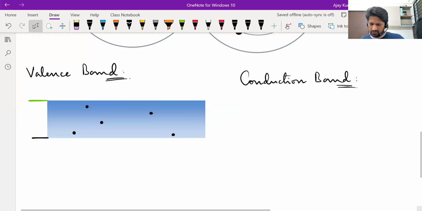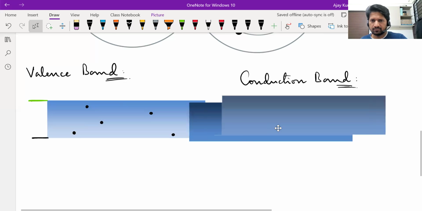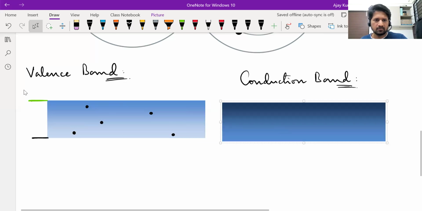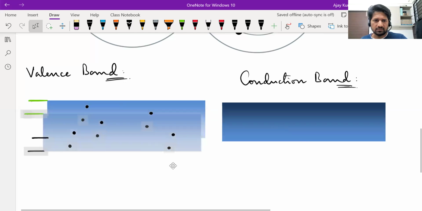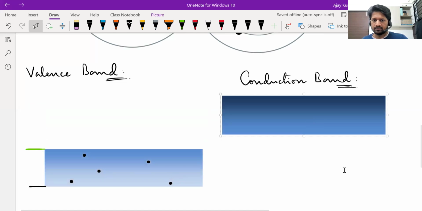You can visualize energies in the conduction band like this. Basically, the thickness of the color represents the energy here. So valence band energies will be lower, conduction band energies will be higher.